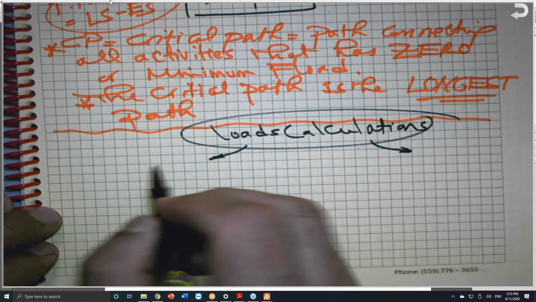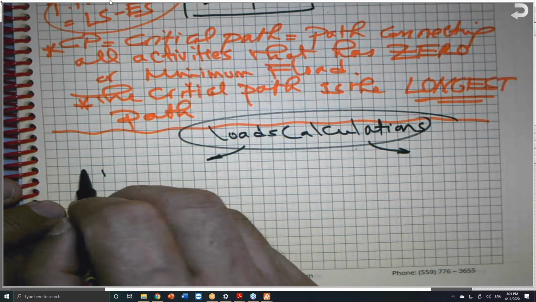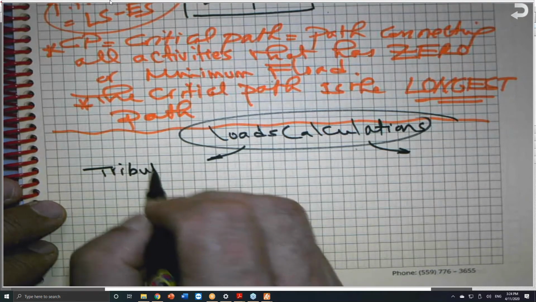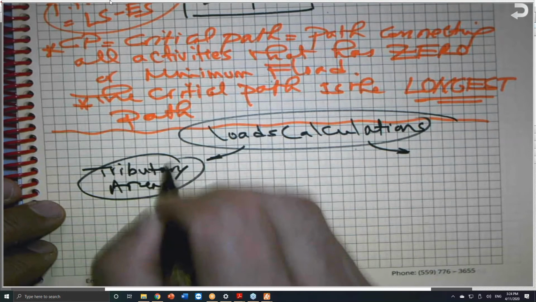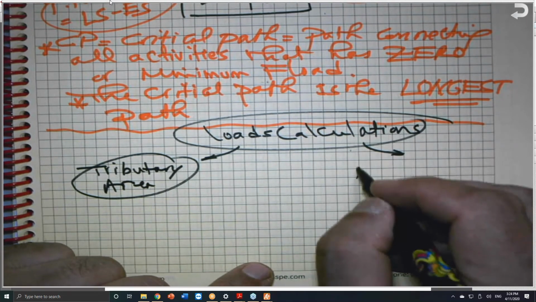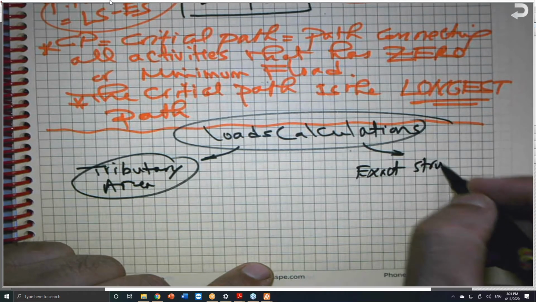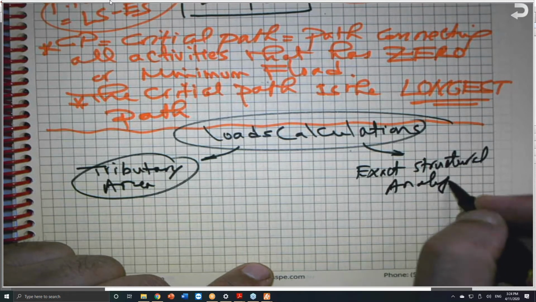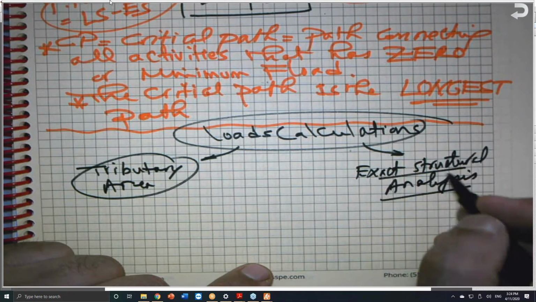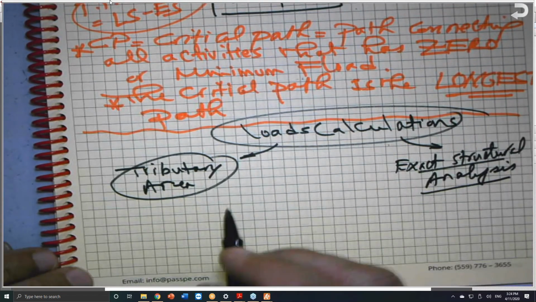Either the approximate, which is the average, called the tributary area method, or the exact structural analysis.